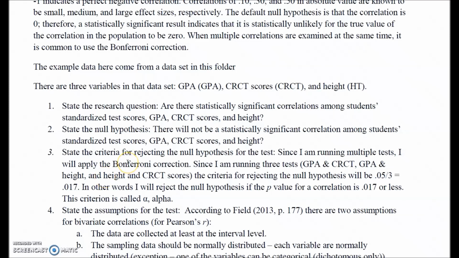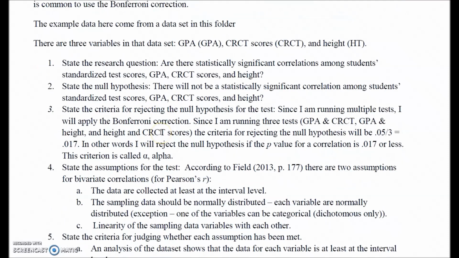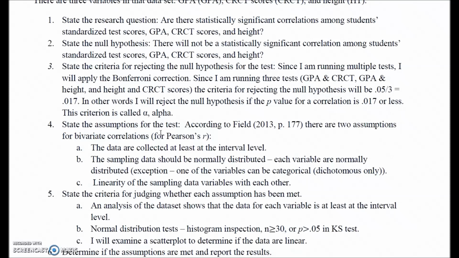The most general correlation that is done is Pearson's R, and there are assumptions to be met for Pearson's R. The data are collected at least at the interval level.